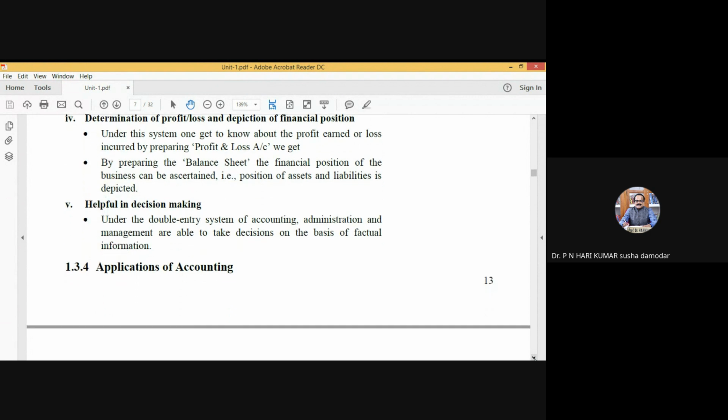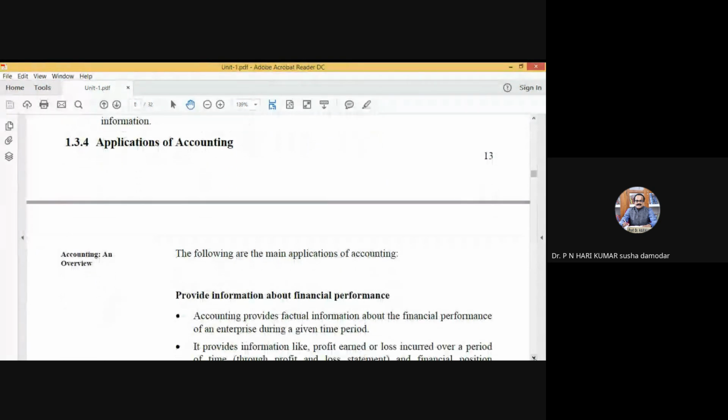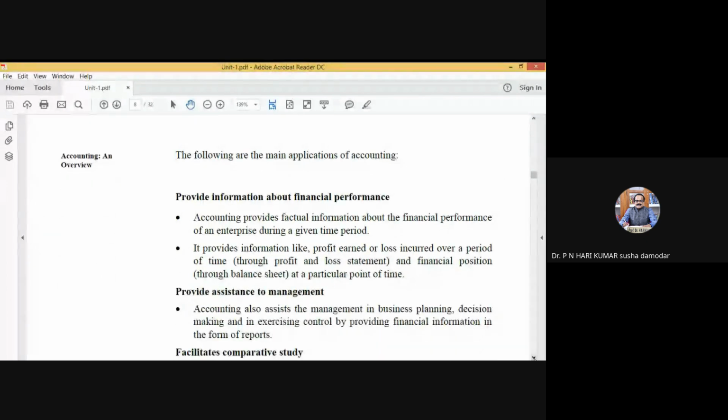Next, we have applications of accounting. Main applications of accounting: provide information about financial performance. See, the sugar industry in Kerala. Three sugar manufacturing units were once successfully functioning in our state. Such sugar manufacturing units are becoming sick now.